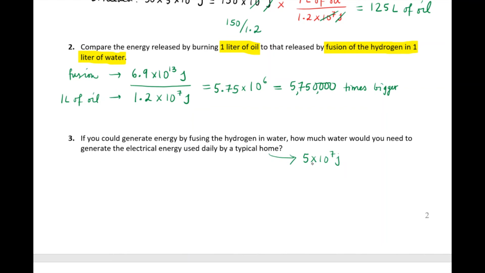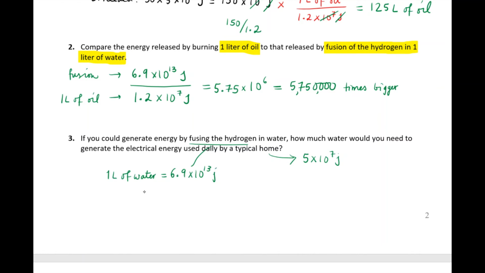This is the energy needs of a home daily. And what about from fusion of hydrogen? You get 6.9 times 10 to the 13 joules, obtained from 1 liter of water. From 1 liter of water, you obtain this much energy.